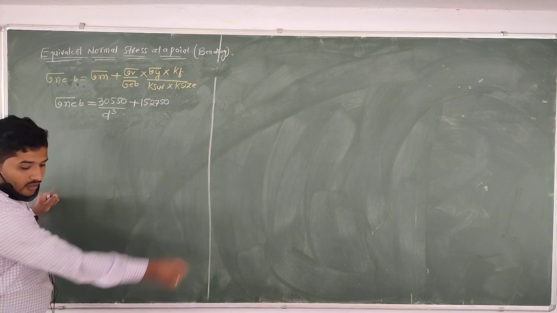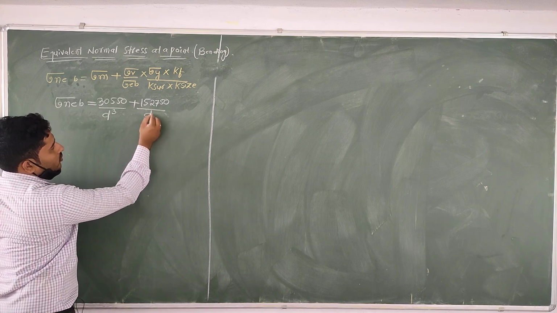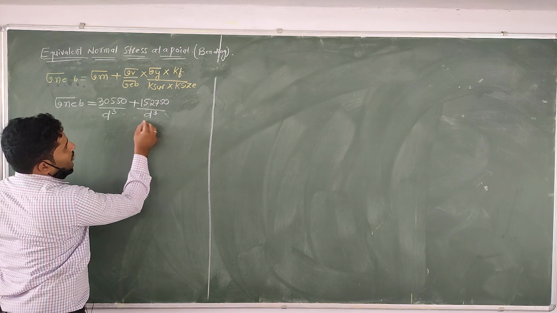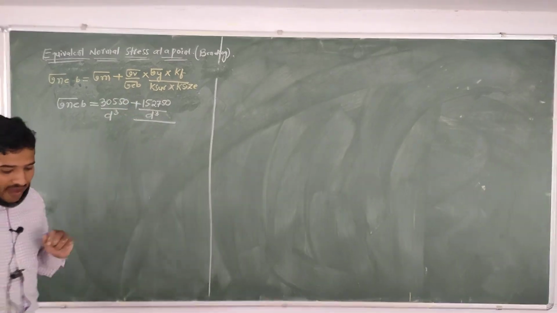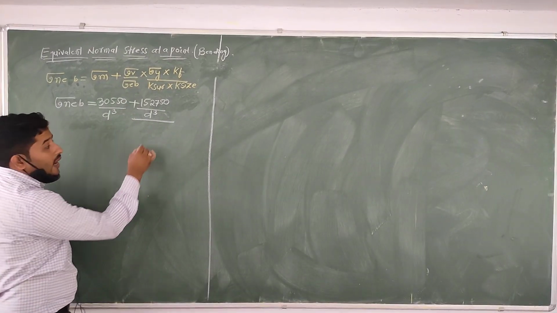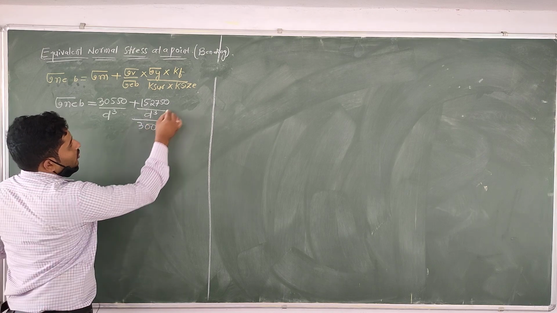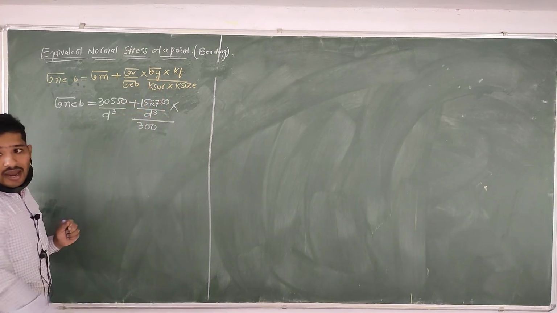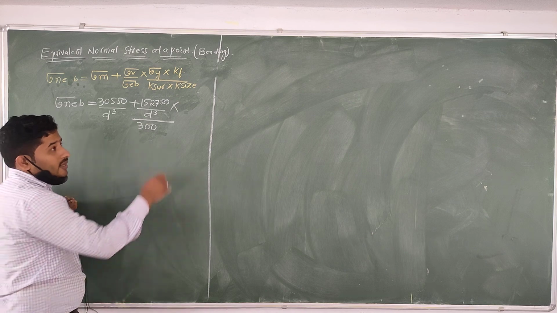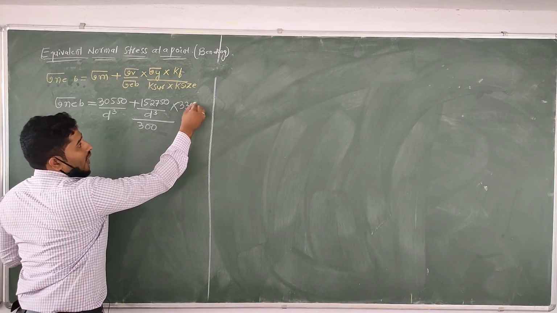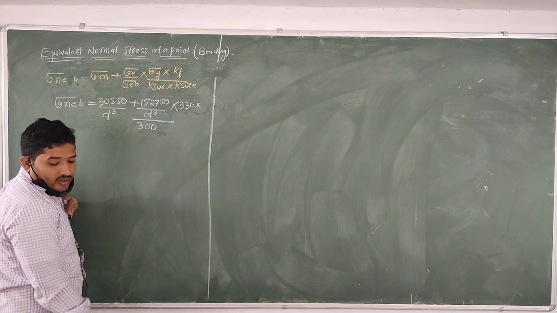By d cube, by sigma eb value. How much is that here? 300, into sigma y. Sigma y value, how much is that here? 330. And Kf value, how much is that here? 1.396.